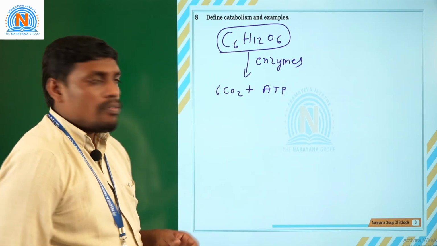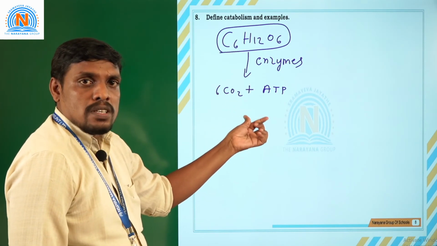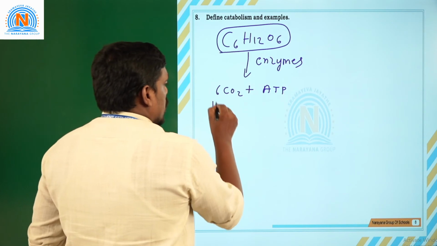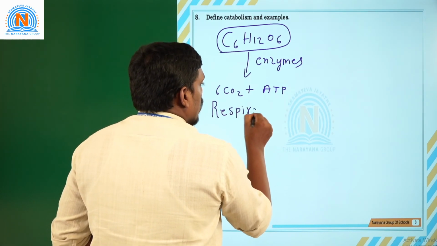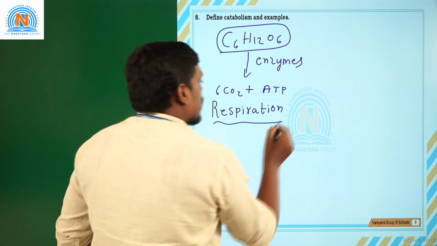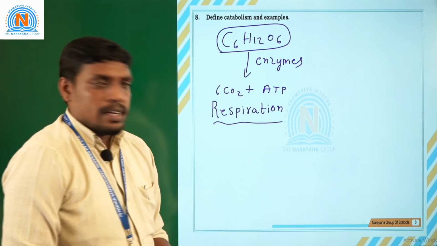So, breakdown of a complex substance into simple substances is called catabolism. The best examples of catabolism are respiration and fermentation. Aerobic respiration is the best example of catabolic reactions.